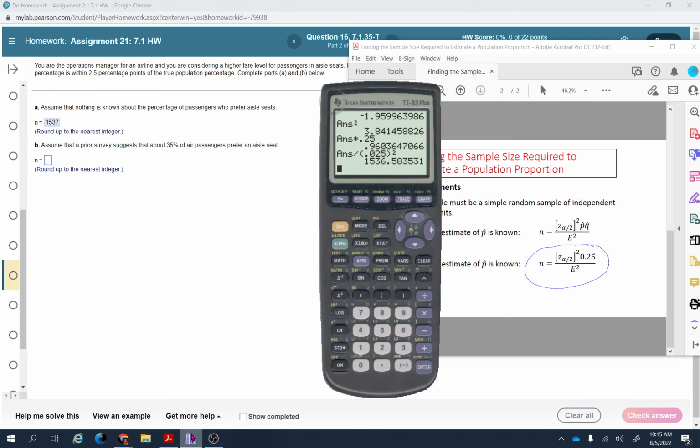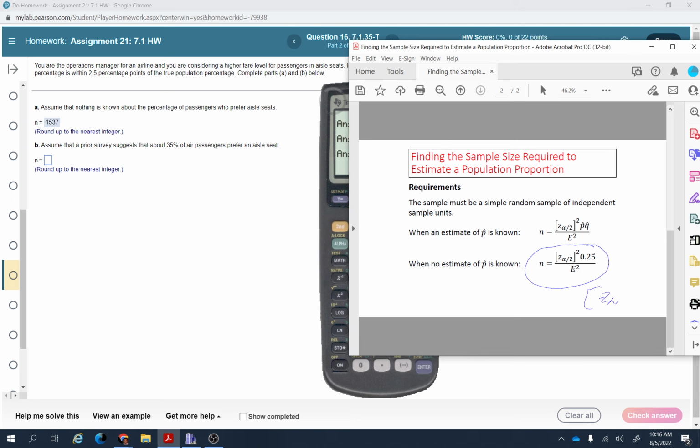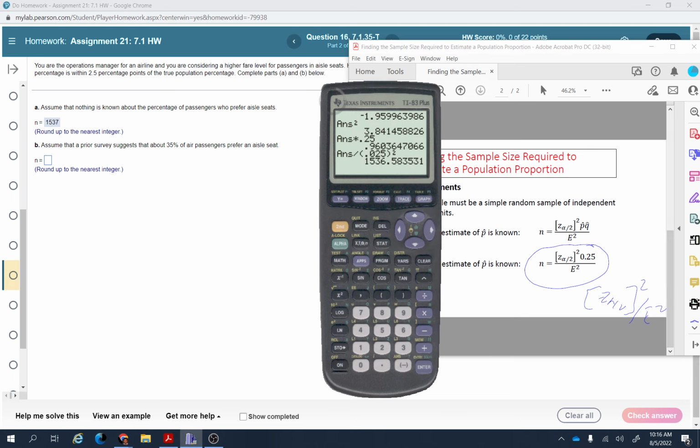So what I'm going to do is use this value and divide it by 0.25. That will give me just this part, z alpha over 2 whole square over e square. Because we're using the same z value and the same margin of error, I don't have to retype it again.